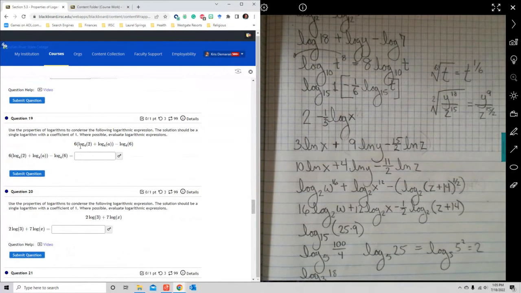Now this one, take note of how the parentheses are around it, where they have a 6. What we can do is distribute the 6 to both things.